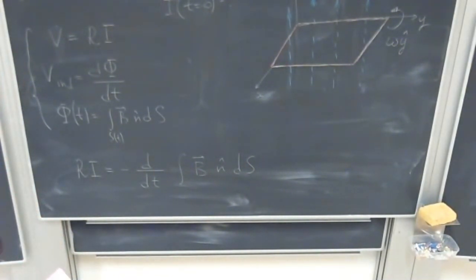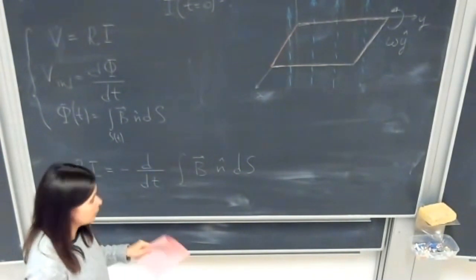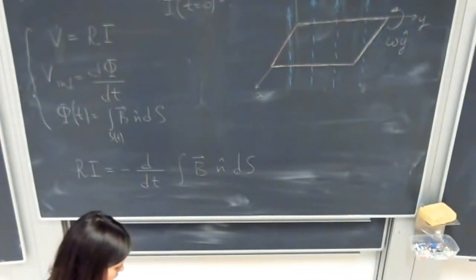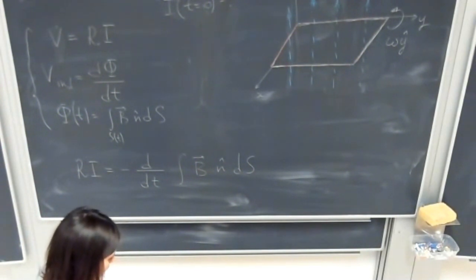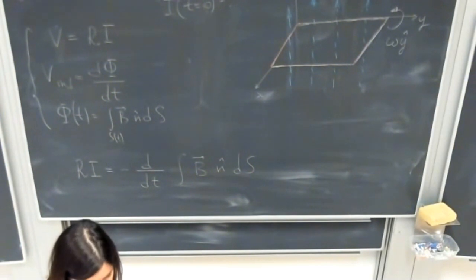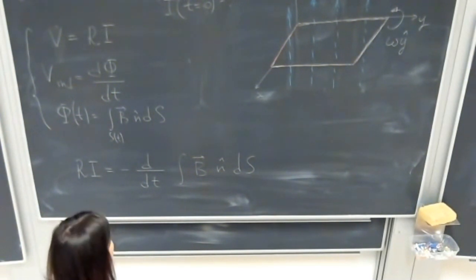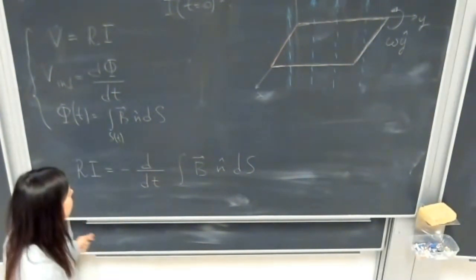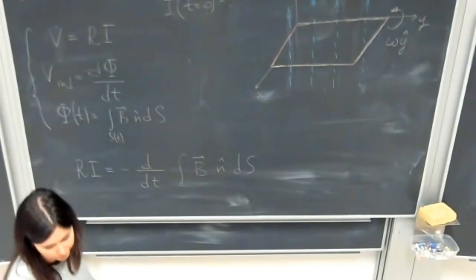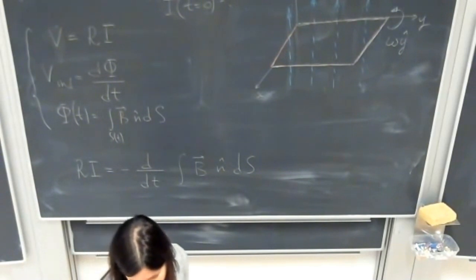It's Faraday's induction law on the top, in the middle of the page. So R is the resistance of the loop. So that's how we can find the current, dividing the voltage by the resistance.